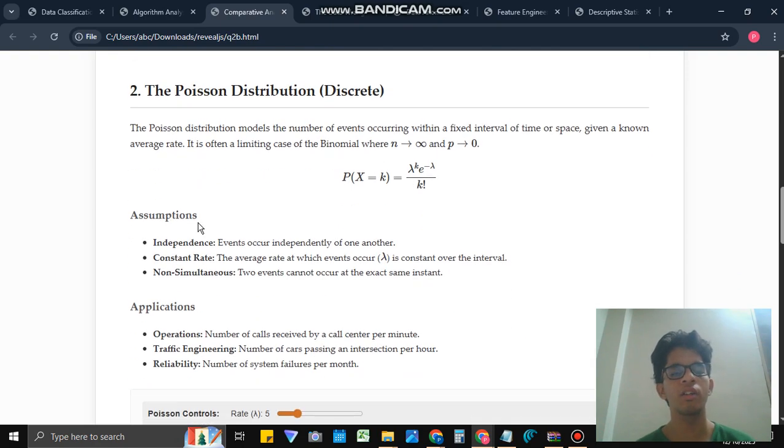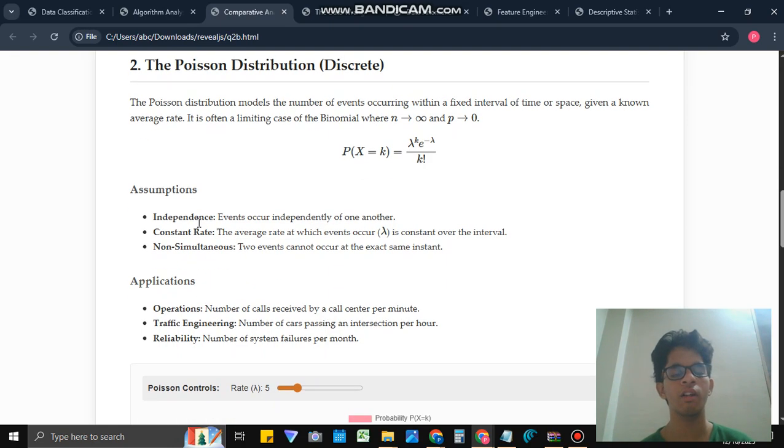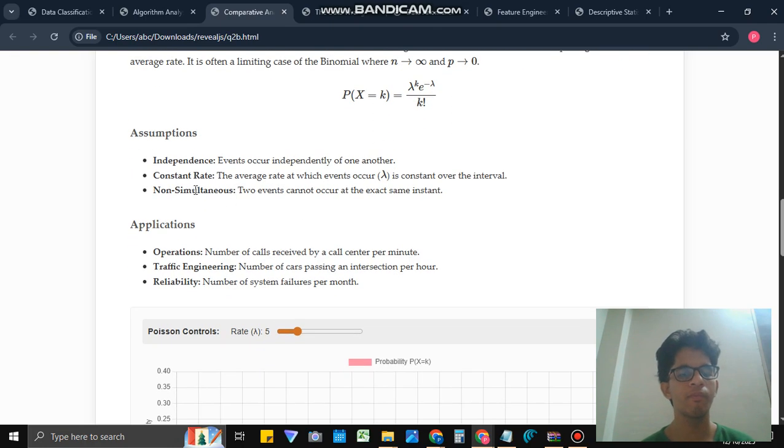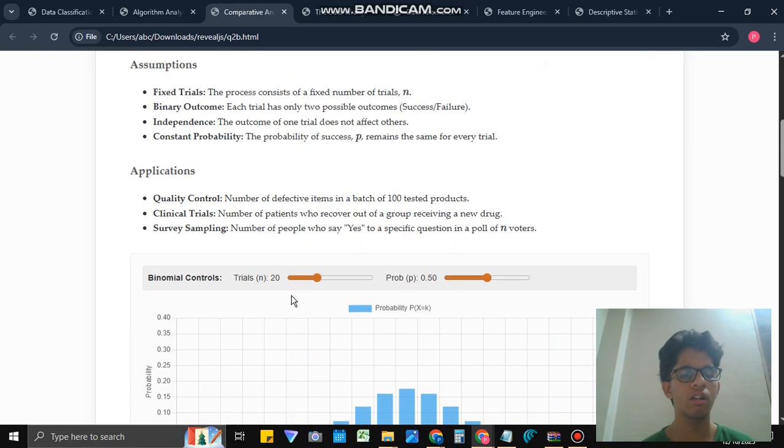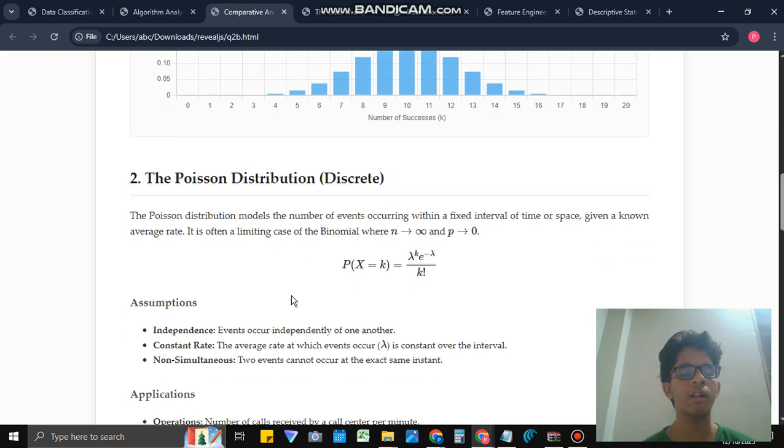The Poisson distribution is the second type of distribution that we are going to talk about, and it also falls under the discrete distribution category. Its CDF is represented as in this formula. Assumptions made: similarly events occur independently, like in binomial distribution.